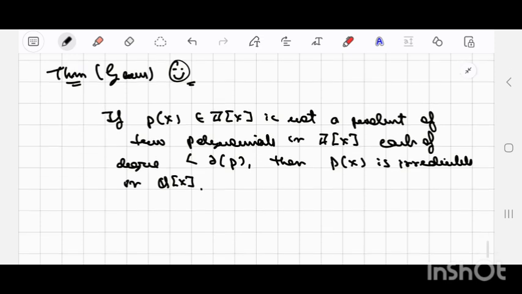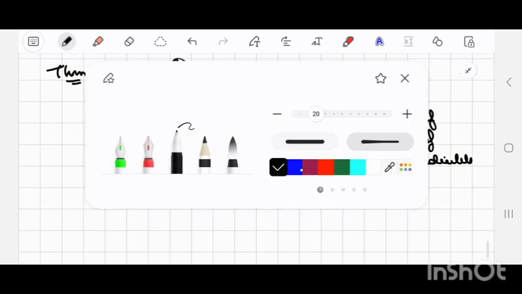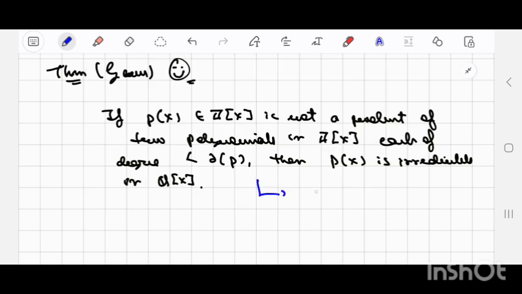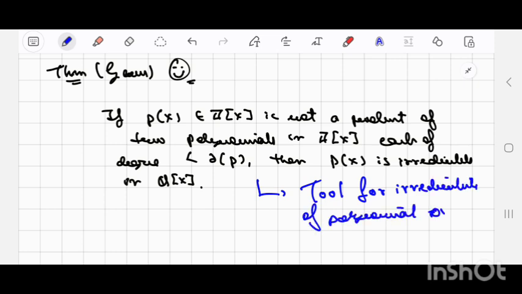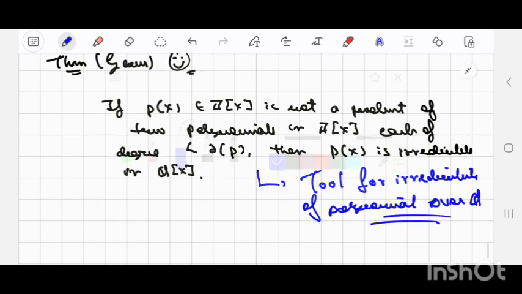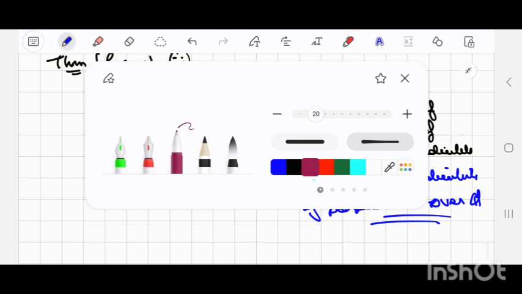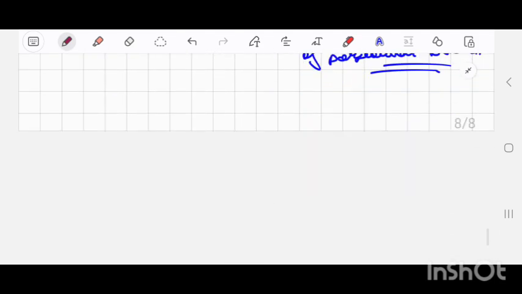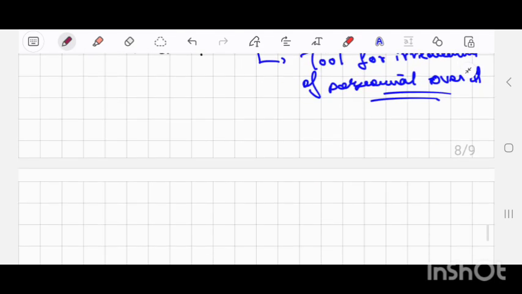Isn't that a very strong tool? So what does it do immediately? It gives you a tool for irreducibility of polynomials over Q, right? Isn't that interesting? Right, let's prove it.